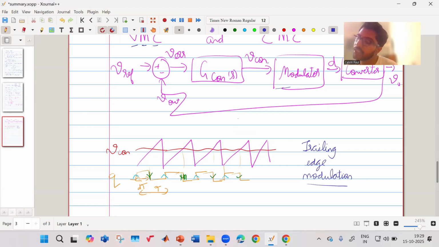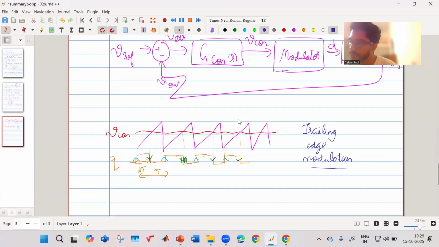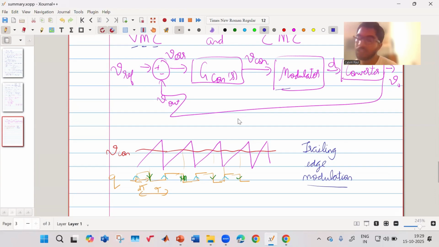It can also be done using leading edge modulation. Both cases are there. For VMC, mostly we consider trailing edge modulation, and I'll assume that you would get something similar. Questions also we basically ask on trailing edge modulation. Let's hope that's the way. Right. So this is voltage mode control.